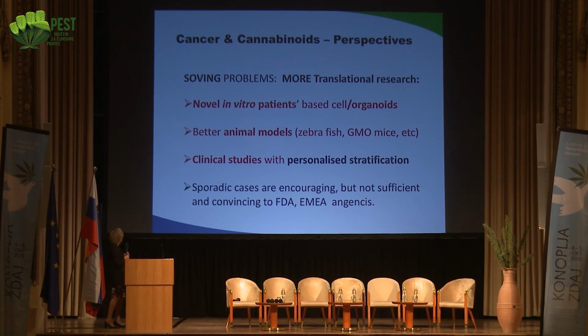And then, of course, also better animal models. Mice are fine, but they're very expensive, and we are now trying zebrafish, which is quite an effective, quite comparable model, which is much cheaper and faster.